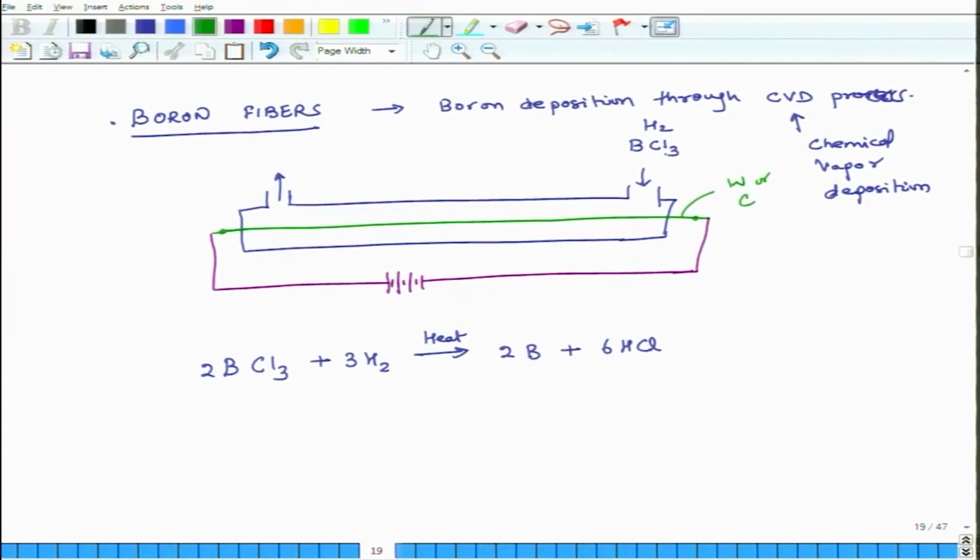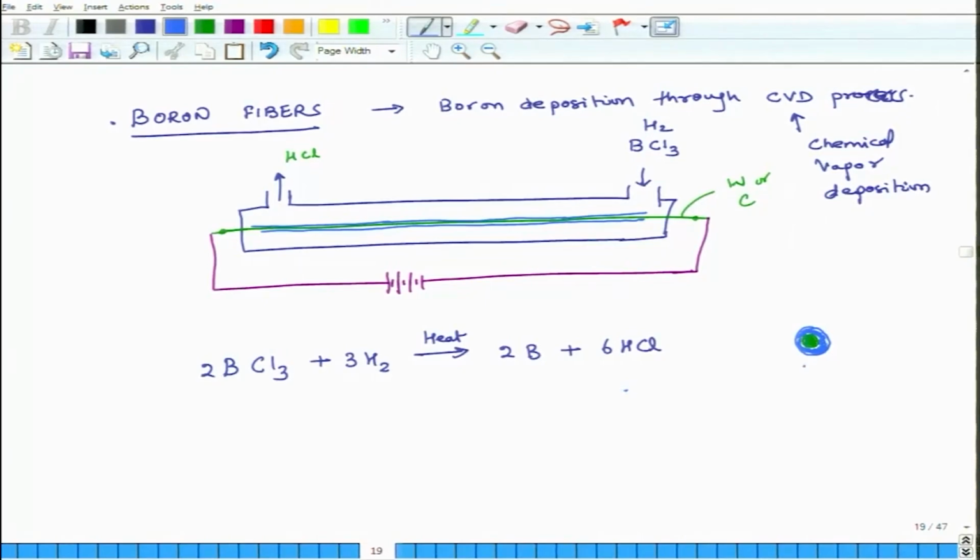So, this is what goes in, hydrogen and boron chloride, and what comes out is HCl, and slowly you deposit a layer of boron on top of this green thing, which is either carbon or tungsten. So, if you look at the cross section, you have a core and then you have a boron ring or boron metal around graphite or tungsten core.